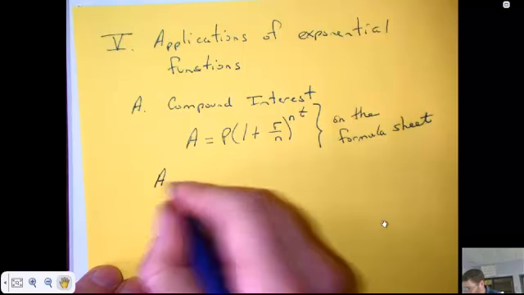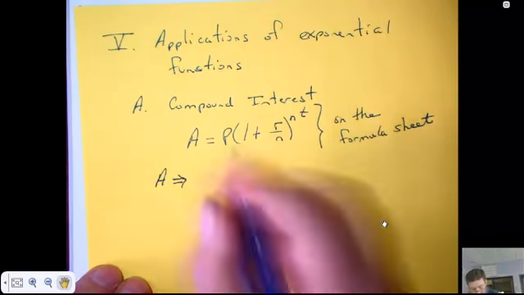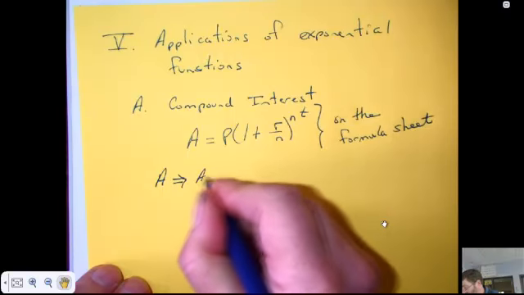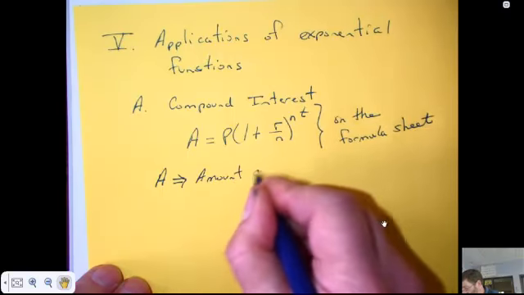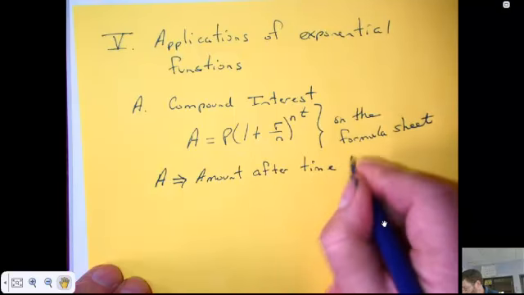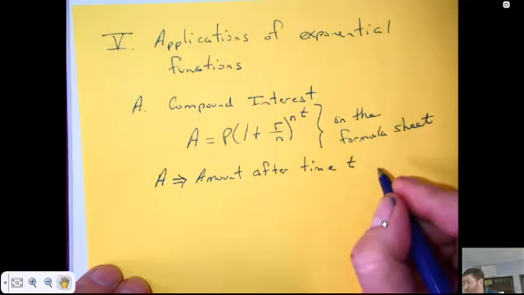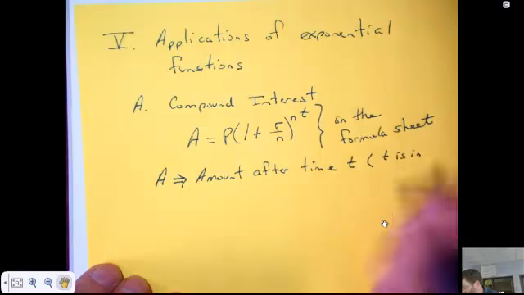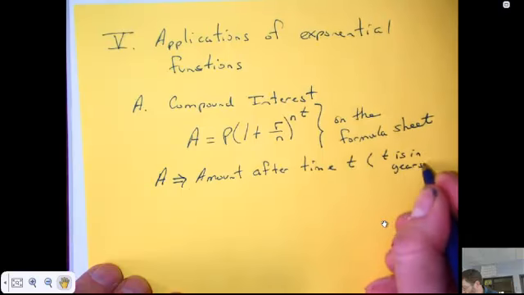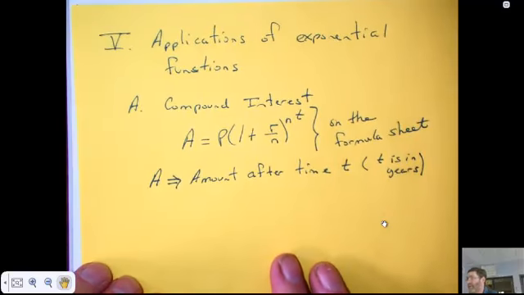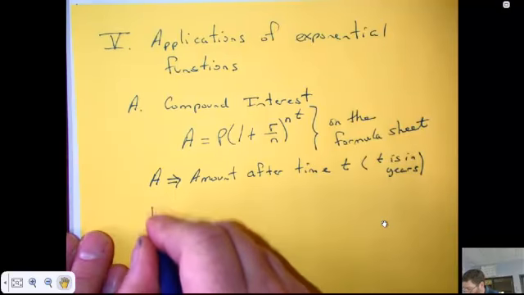A stands for, as we call it, the amount, and it's after time t. Usually with interest, t is in years. Often if we do some other type of growth, like population growth, it may not be years, but for interest, it's almost always years.